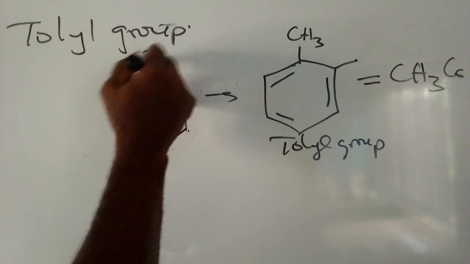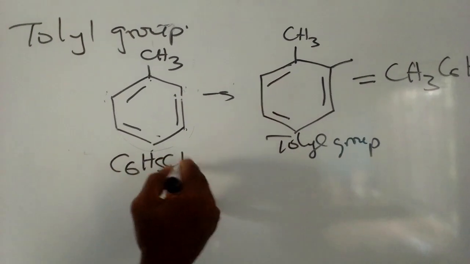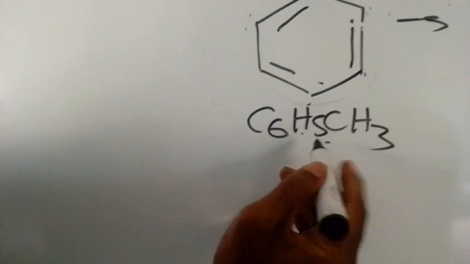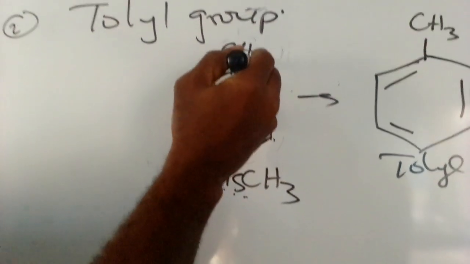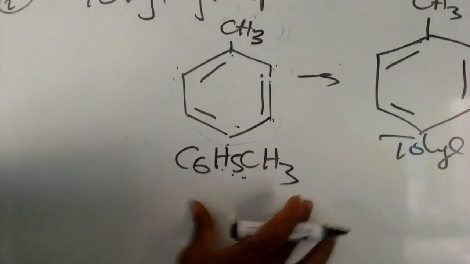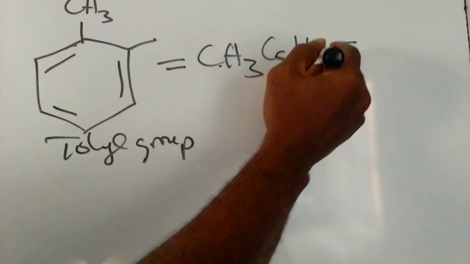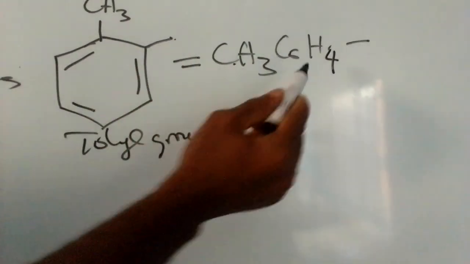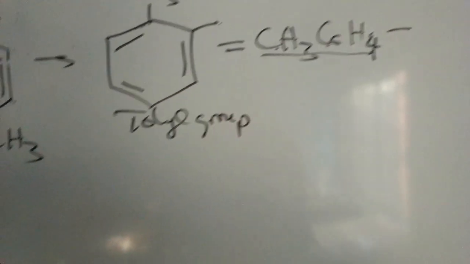Toluene is C6H5CH3. Why C6H5? Because benzene should have been C6H6, so C6H5 means that I remove one hydrogen and replace it with CH3. So the toluene group should be C6H4 here, because I have detached another hydrogen. So C6H4CH3 is the toluene group.